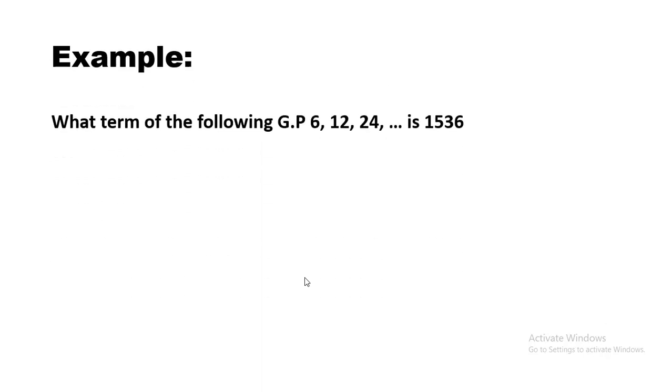Alright, let's move to another example. Here they are asking us what term of the following GP 6, 12, 24 is 1536. As you can see, they have already told us that it's a GP, and the sequence starts from 6 and goes up to 1536.